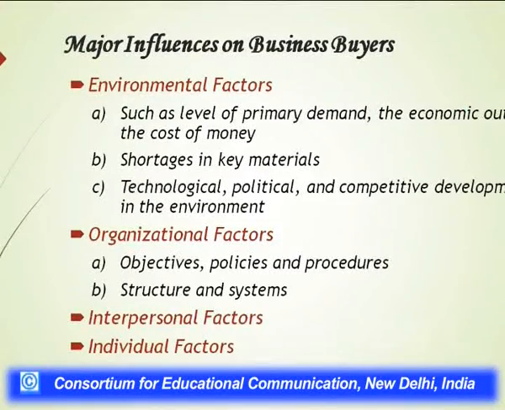The second set of factors are the organizational factors. These are the factors such as the objectives, policies and procedures of the organization. As I told you, there could be a centralized or a decentralized purchasing system in an organization, which is the policy of the organization to either go for centralized purchases or decentralized purchases.